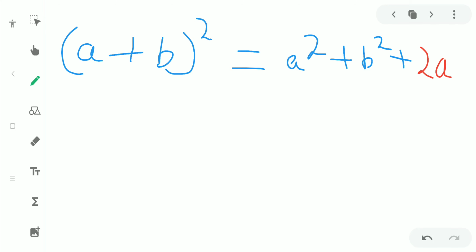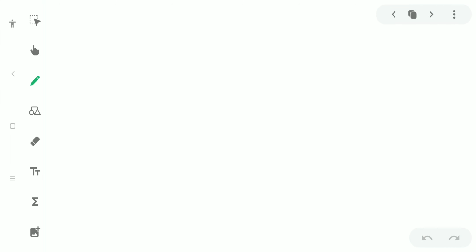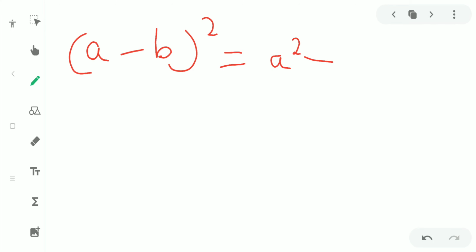That is a minus b whole square is equal to a square plus b square minus 2ab. So this is the case. A square plus b square minus 2ab.